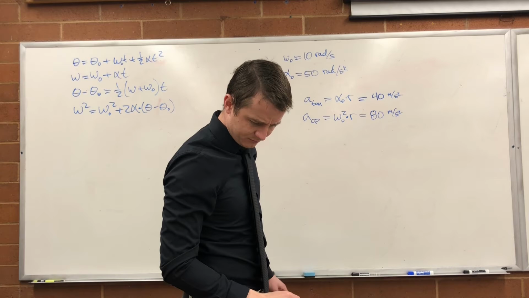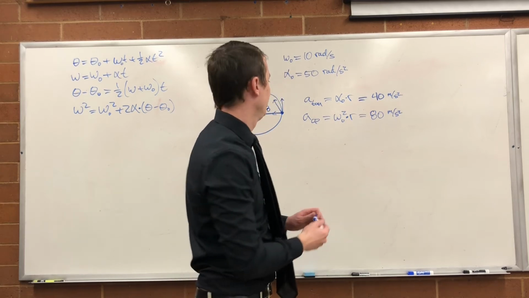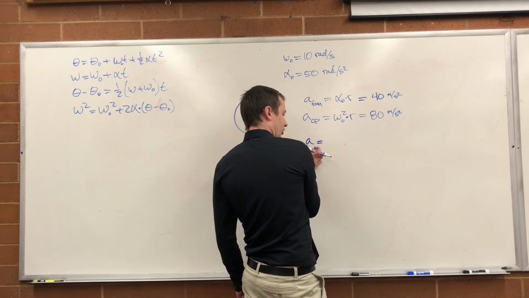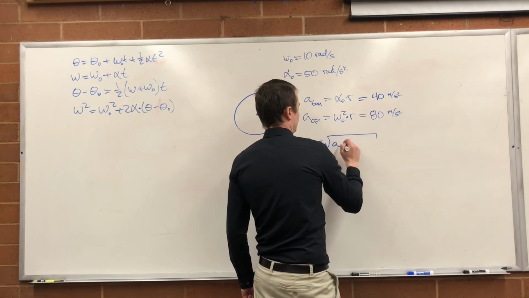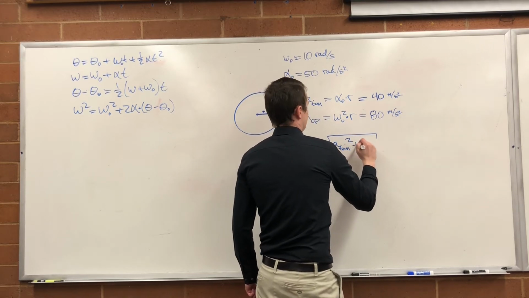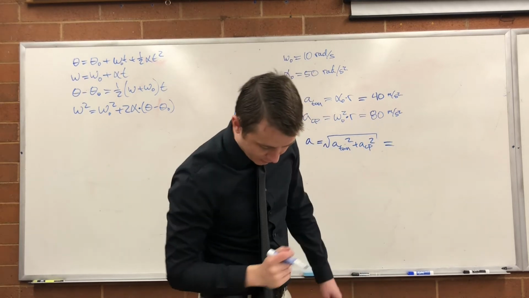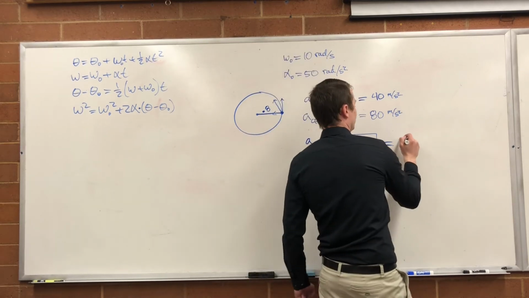Tangential, 40, radial, 80. Then the magnitude of the acceleration vector is going to be the square root of these two things squared, right? And since I don't have a calculator, I'll trust that the author plugs in right, and he gets 89.4 meters per second squared.